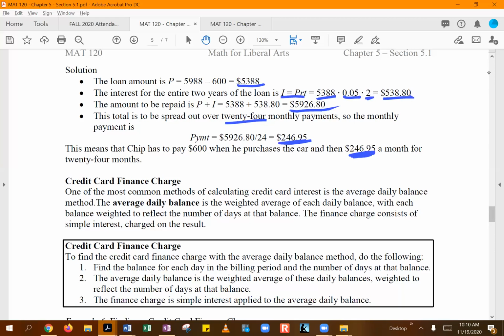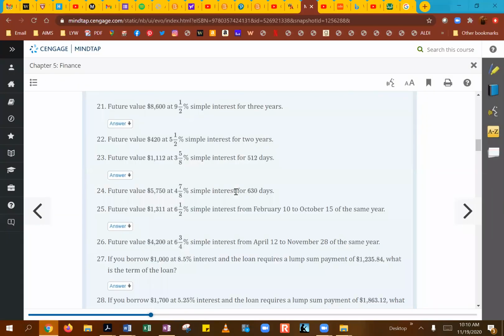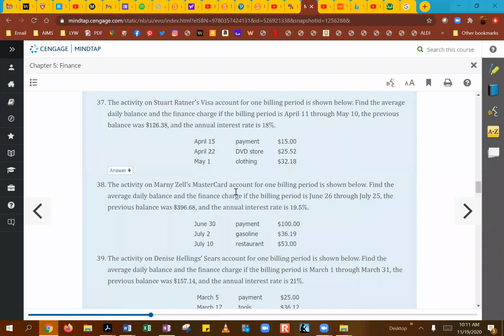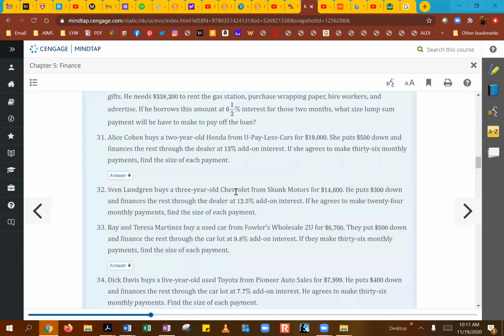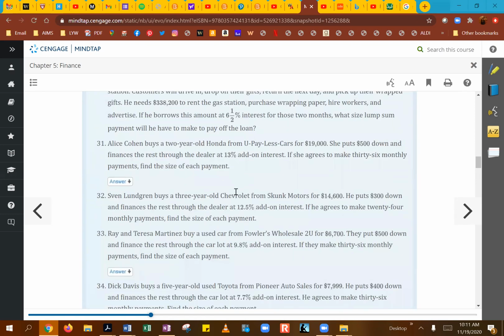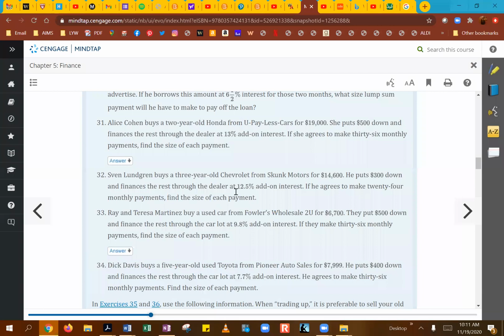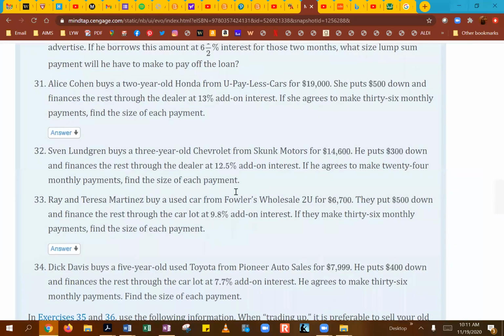All right, let's look at this one. I kind of like that one already. Let's take a look at number. So yeah, very similar to the example we're looking at.